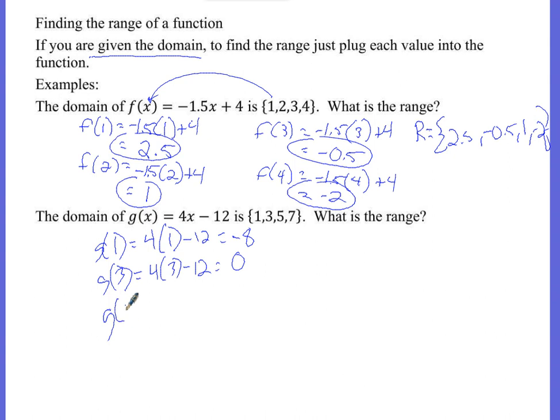G of 5 equals 4 times 5 minus 12, and we get positive 8. And then we're going to have G of 7 equals minus 12 equals 4 times 7 is 28, so 28 minus 12 is 16.